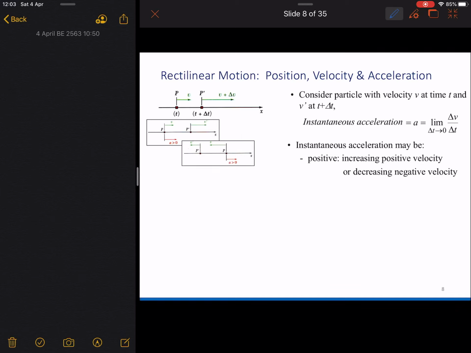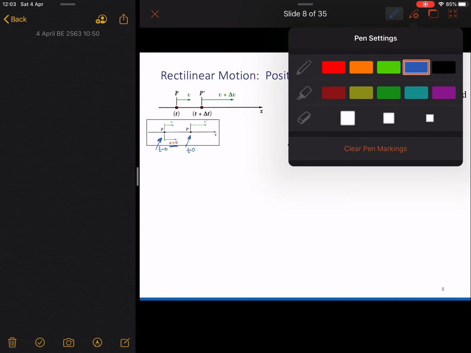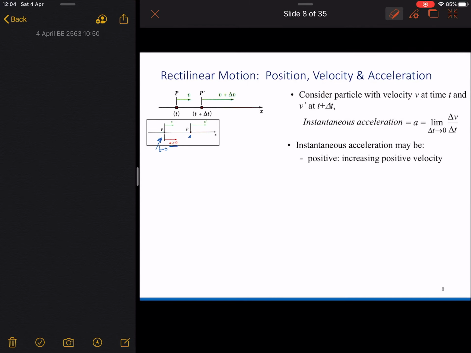So what does it mean? For example, this is the original position here, t equals 0. And then if acceleration is more than 0, like this, the next second, oops, my bad, this is not true.